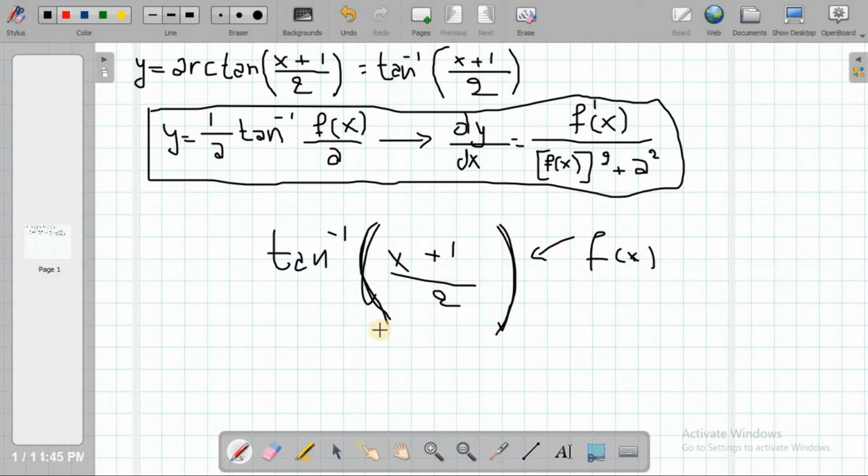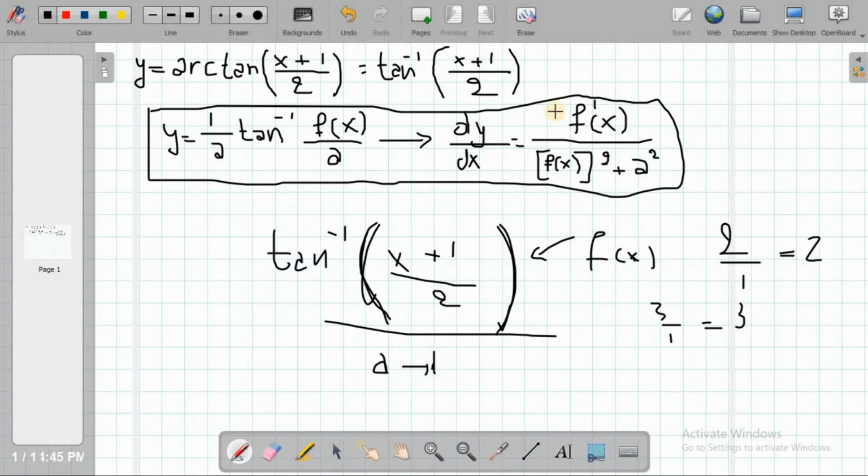Because we can't see an a, a in our case is 1, because anything, let's say 2 divided by 1, we're going to have 2, 3 divided by 1, we're going to have 3. So anything divided by 1 gives that thing. So we have only f(x) and nothing down, which means a is equal to 1.